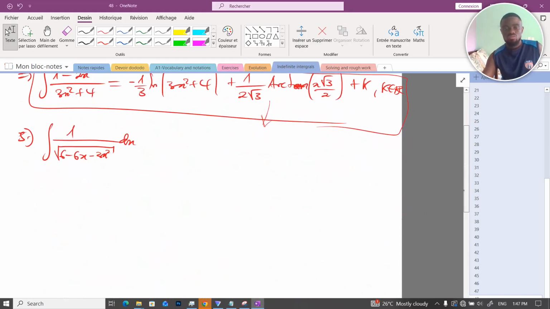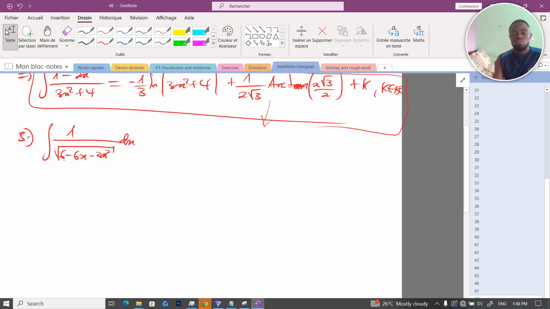How are you going to integrate this? The first thing to do, this is a quadratic expression. The first thing to do is for you to first of all see if this one is factorizable or it's not factorizable.